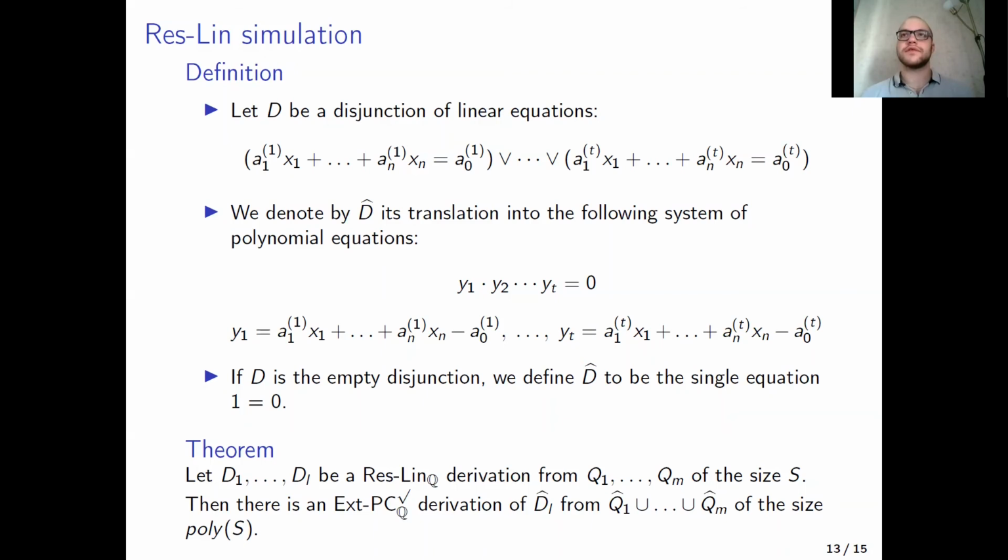And this refutation is of size polynomial in the size of the original refutation. Here we should note that if the original system of disjunctions of linear equations was the translation of a CNF formula, we don't actually need the square root rule to simulate it. But since we are working in arbitrary settings where we have arbitrary disjunctions, then we actually need the square root derivation rule.